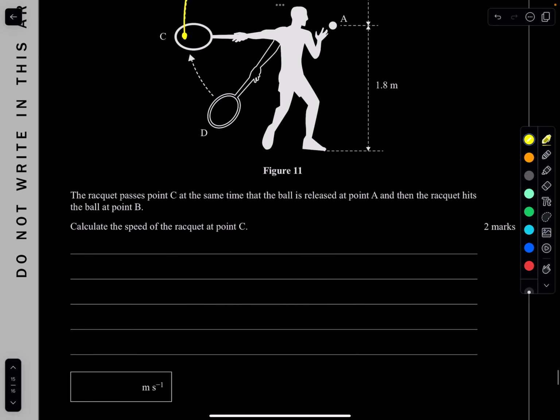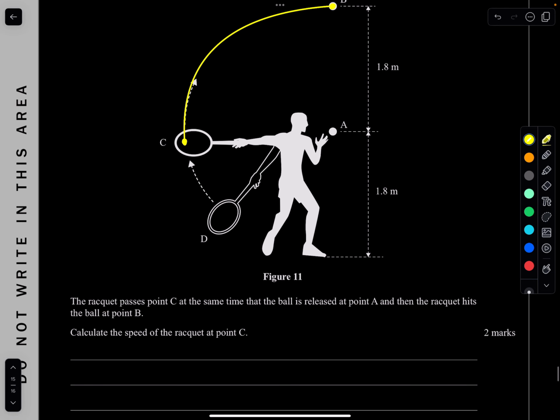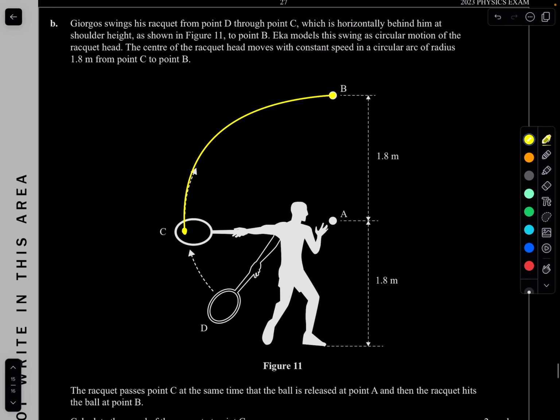All right. So the racket passes point C at the same time that the ball is released at point A. Okay. And then the racket hits the ball at point B. Beautiful. So what happens is basically when the racket's at point C, so imagine he starts at D, the racket is coming. When it reaches point C, George throws the ball. So at this position, he throws the ball, so the ball goes up.